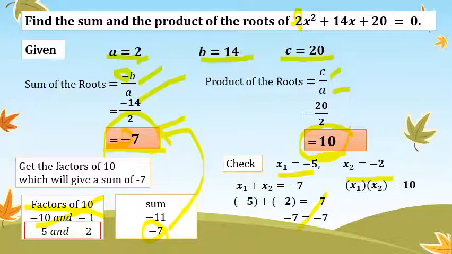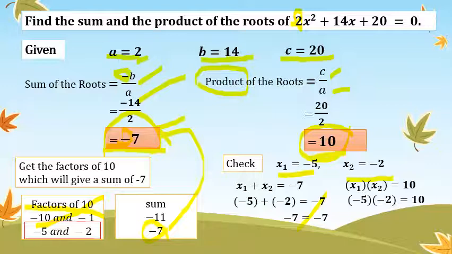X sub 1 times x sub 2. Diba? Product ang pinag-uusapan, kaya tayo ay magmumultiply ng roots. If ang roots natin ay negative 5 at negative 2, magkakaroon tayo ng negative 5 times negative 2 equals 10. Maging equal kaya?